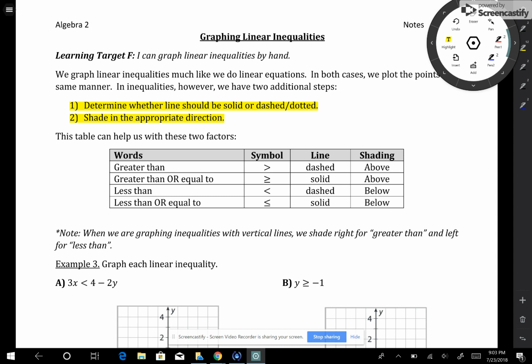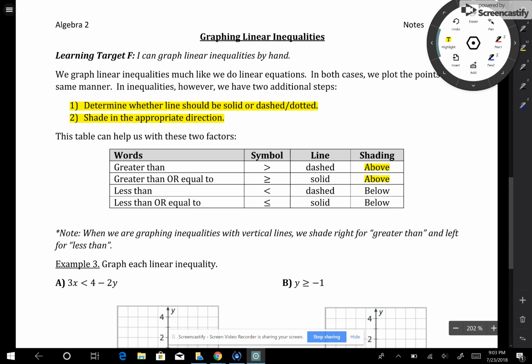We could have greater than or equal to, less than or equal to. Now, if you have greater than, that means that the values we are talking about are greater than the line that we are drawing. So in that case, we shade above the line that we graphed.